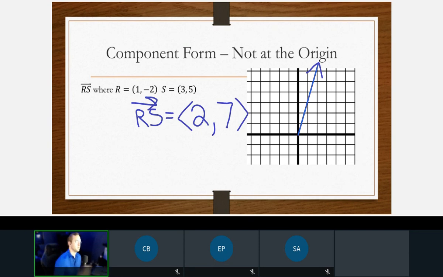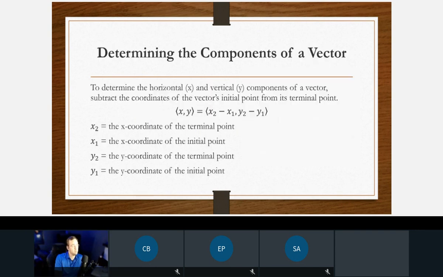All right, so now vector rs is in component form. And that vector is 2 comma 7. And that's all it is. That's component form. Just know it must originate at the origin.